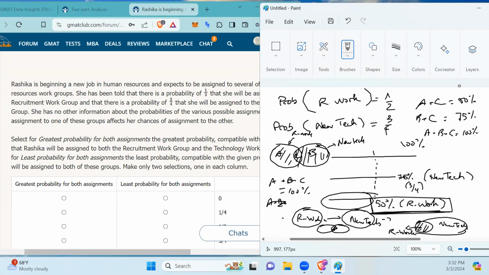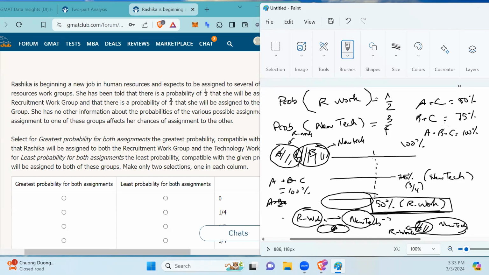So this is assuming she's going to get assigned to some project, right? One of these two or both, and that's 100%. They have to add up to 100%.